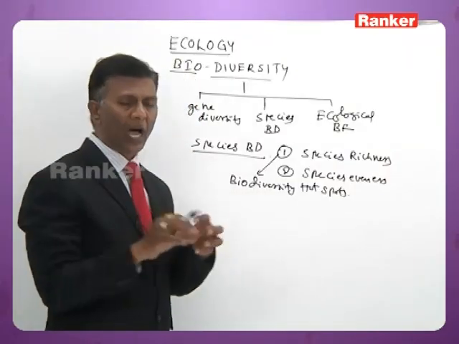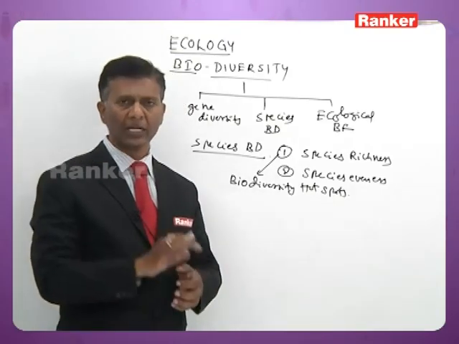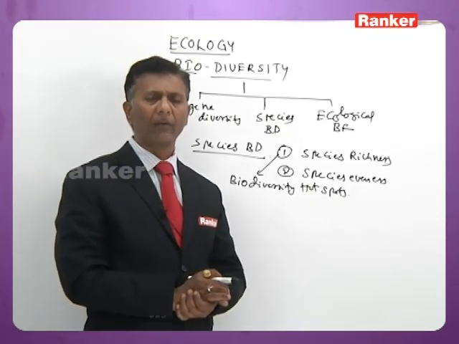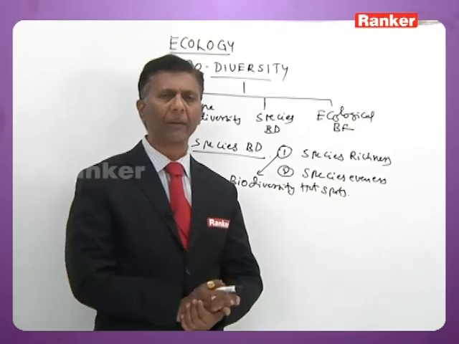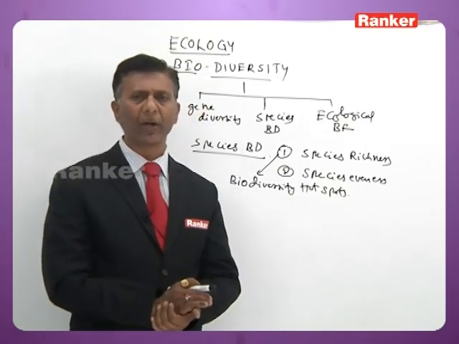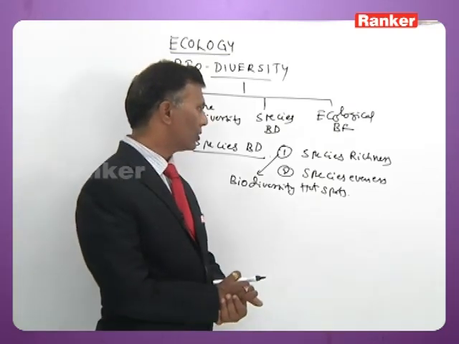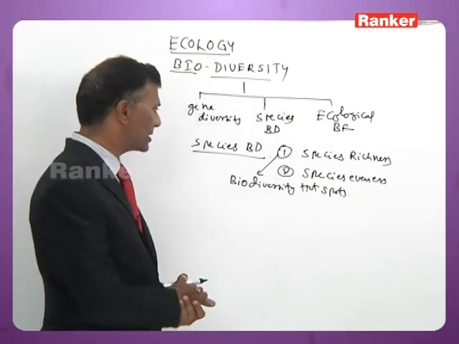Biodiversity hotspots are the patches of ecological regions over the globe where diversified types of fauna and flora are present in a particular habitat, which are identified as biodiversity hotspots. So that tells us about the species richness.